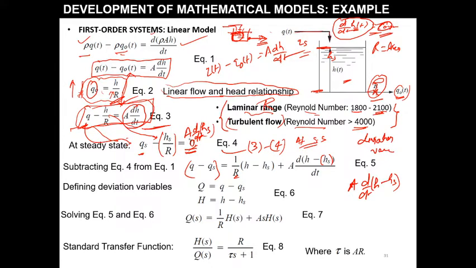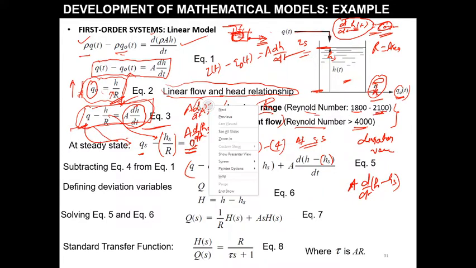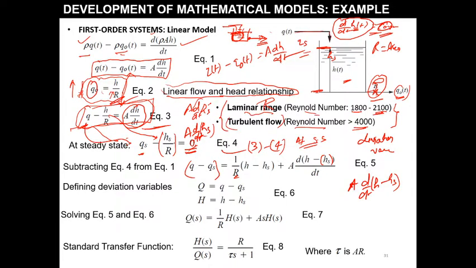You are right, it is a zero. But what is this zero? Zero is nothing but A d by dt of hs. Since hs is a constant term, it becomes zero. Can we write the equation like this? Yes.